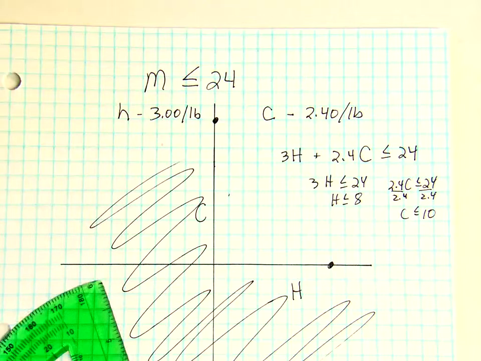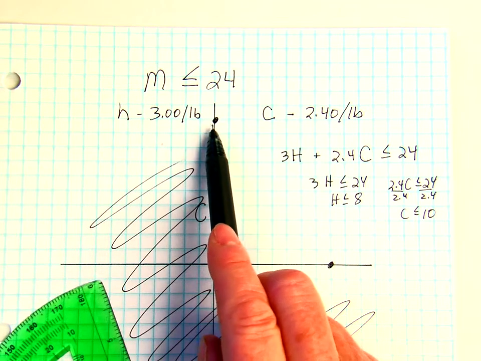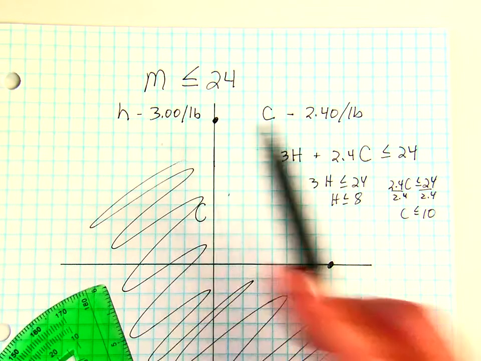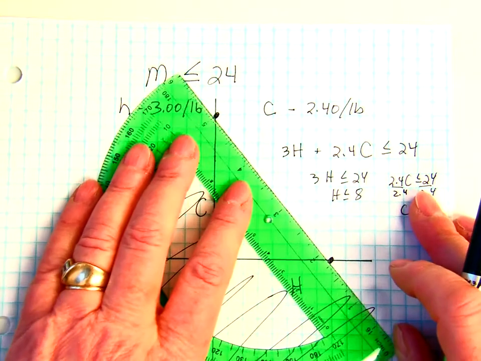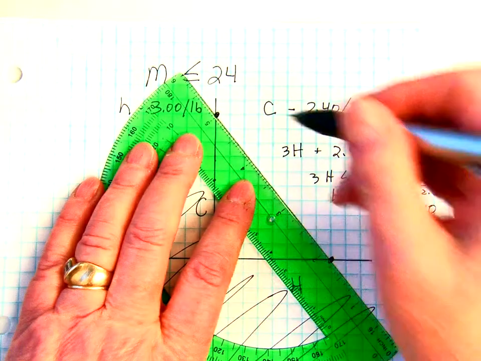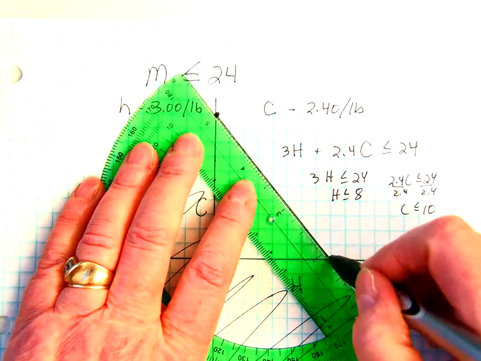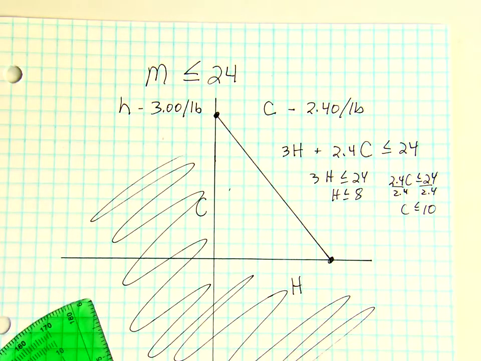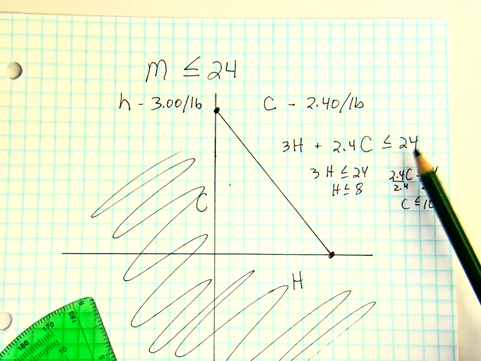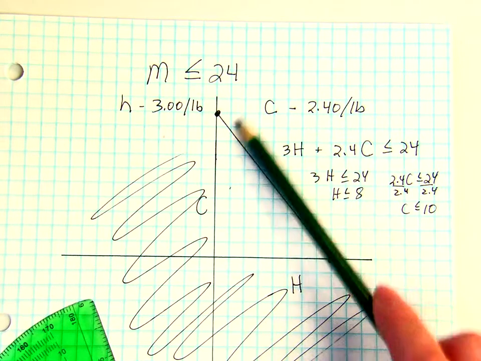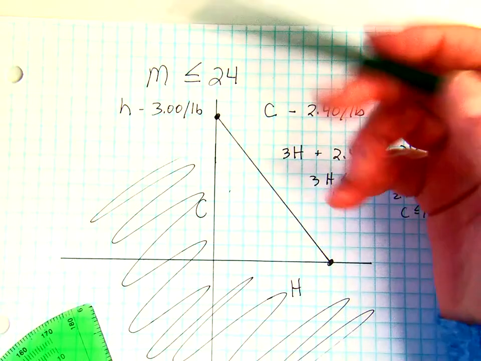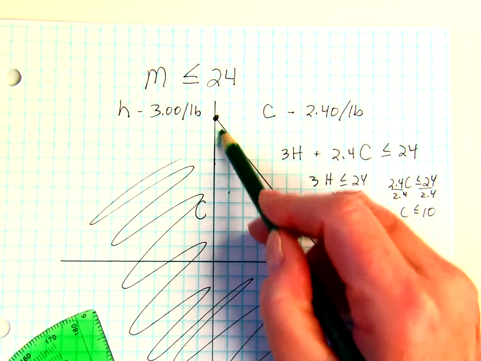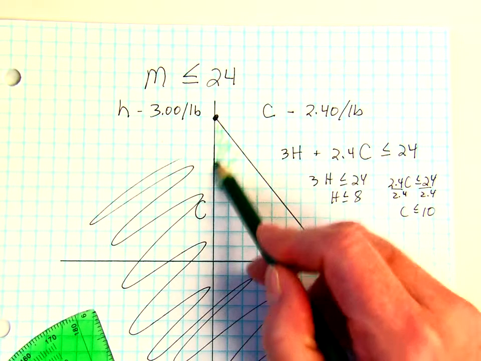Okay, so this is if I just buy all chicken and no hamburger, and all of my solutions are going to be between these 2 points. Okay, and we know that it has to be below because I can't spend more than $24. I can't go up here, so everything has to be in this area here.